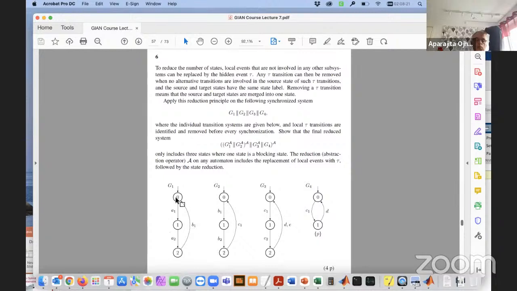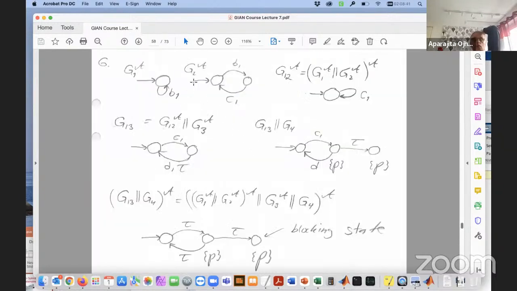And for B2, I can at least skip it when I've synchronized. So I have B1 going back with C1, and that's G2. Then I synchronize G1 and G2, and I can skip the B1 transition because then I get the tau. In the end, with an additional abstraction after the synchronization, I only get the self-loop with C1.